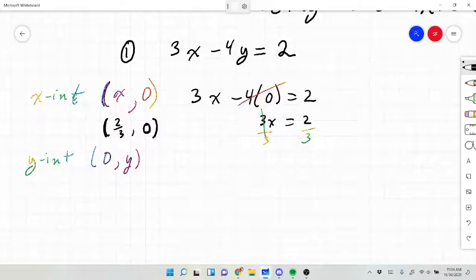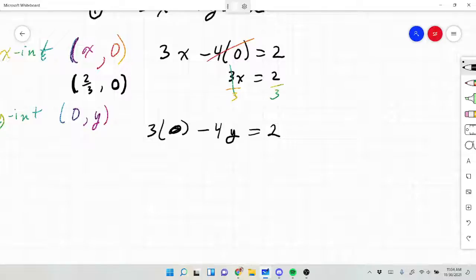For the y-intercept, we're going to put a 0 in where the x is. Should have made it 12 instead of 2, then we would have had whole numbers. Oh well. Y'all have to deal with fractions. 3 times 0 is what? 0.